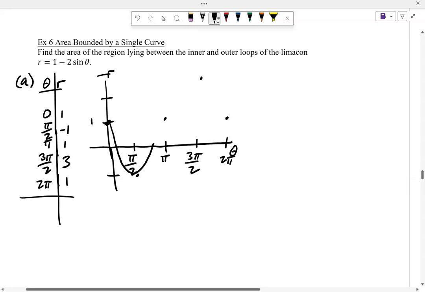Now this is a sine curve flipped over, it's stretched out, right? By 2, and then up 1. So your midline is right there on that.